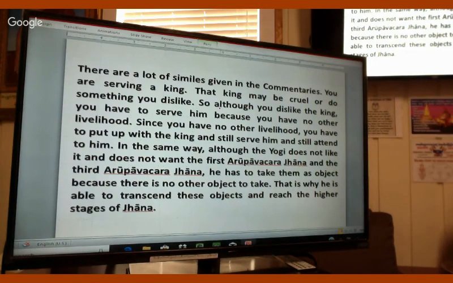Since you have no other livelihood, you have to stay and serve the king, even though you don't like him. In the same way, although the meditator, the yogi, doesn't like it, doesn't want the first arubhajana and that arubhajana, they take it as an object.